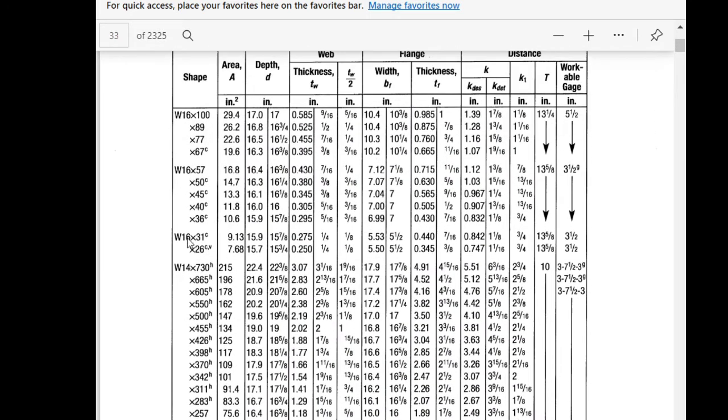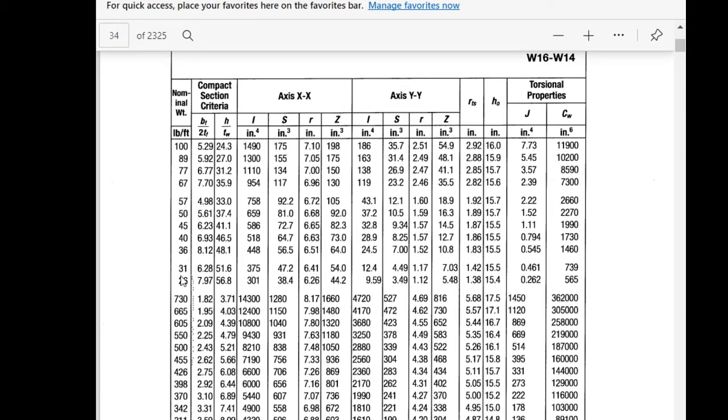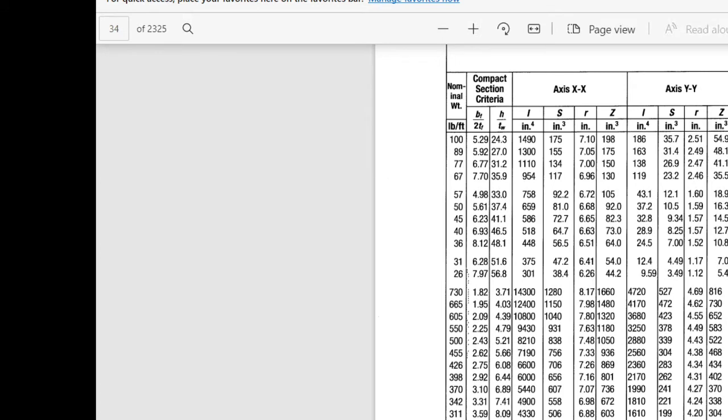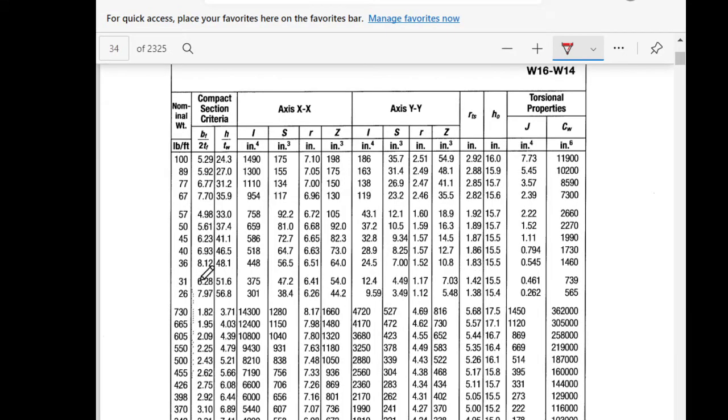For the W16 by 31, in the next table, the Z for the 31 is 54.